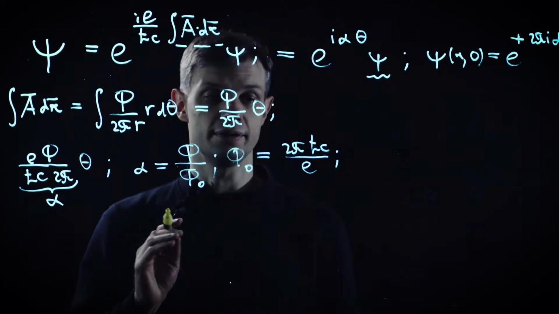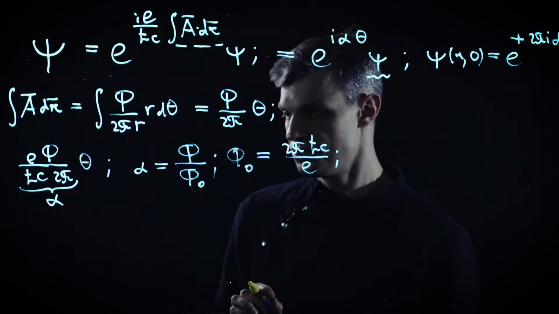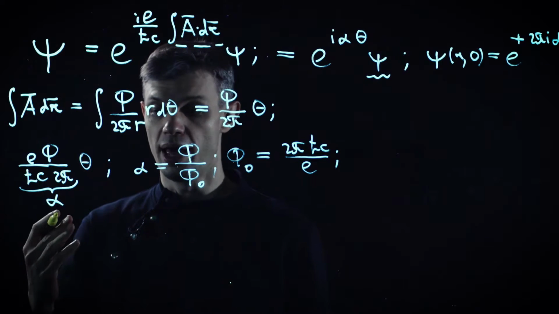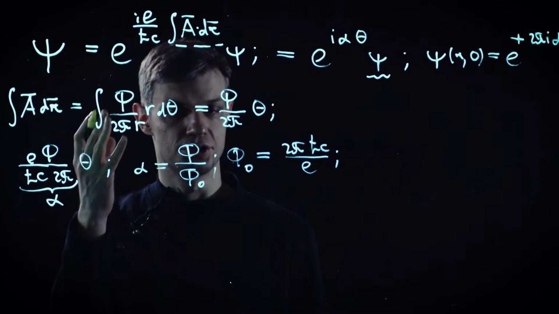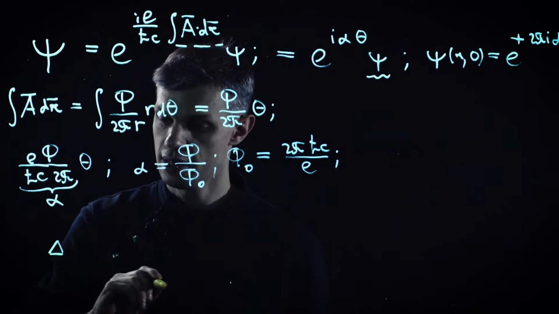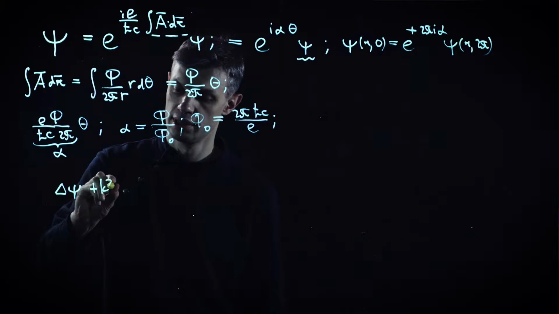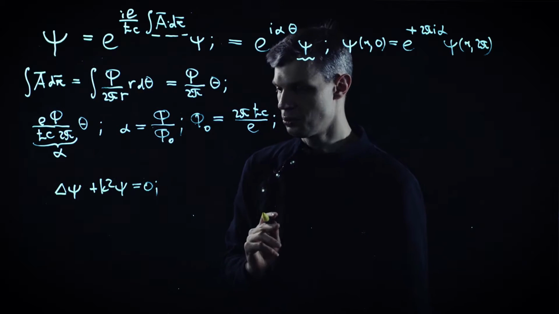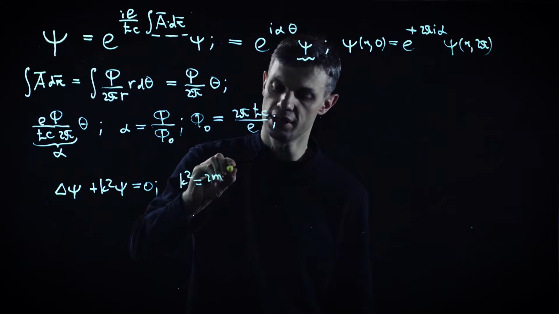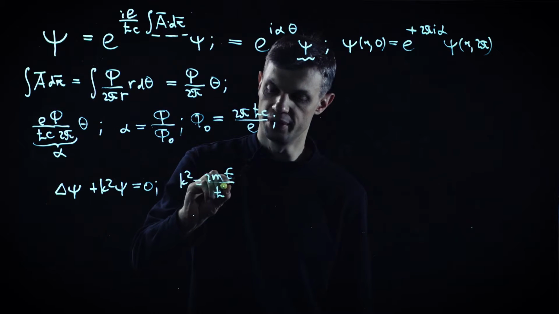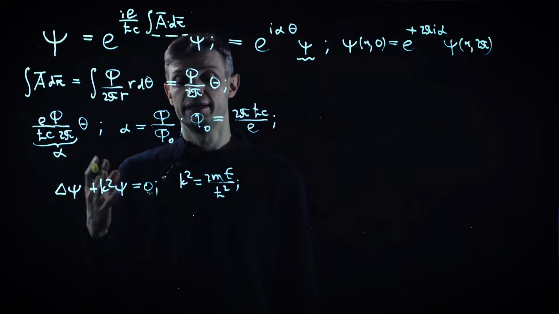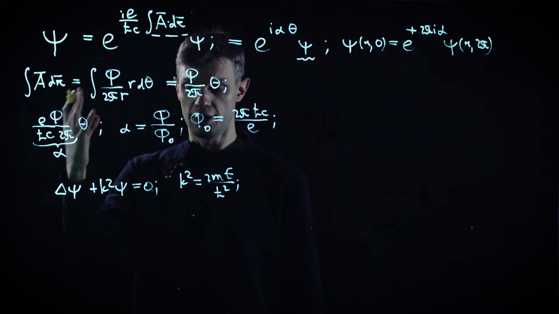So, with the help of this gauge transformation, the magnetic field will be absent completely from our Schrödinger equation, and it will be turned into a standard Helmholtz equation, where k squared is simply 2me over h bar squared. Now we use the standard technique to solve the Helmholtz equation.